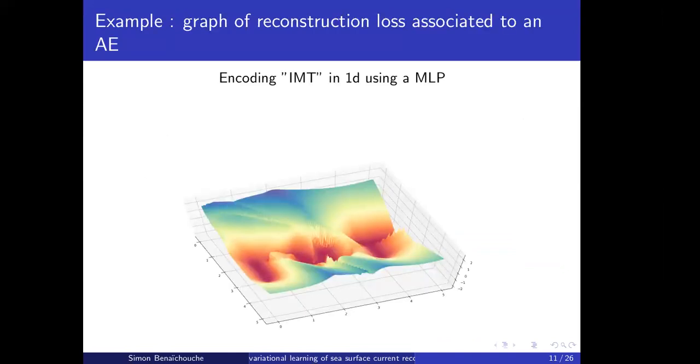Here I show you an example of a loss associated with an autoencoder. It will be close to the variational autoencoder. And here is the kind of reconstruction loss you have if you try to encode a 1D seagull, such as EMT, seen as a 2D submanifold.